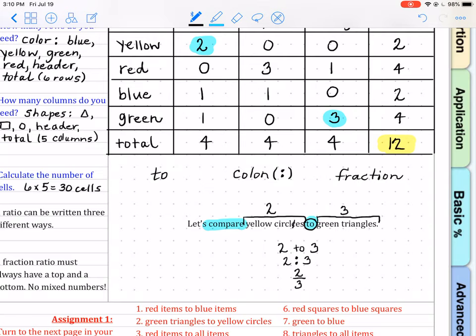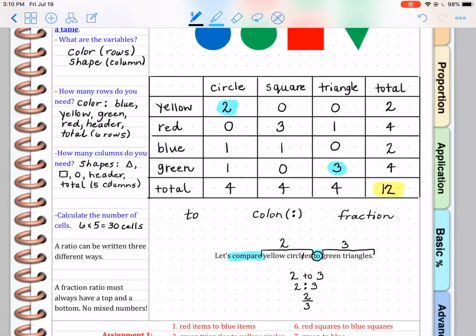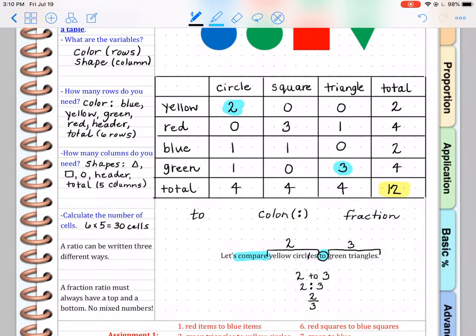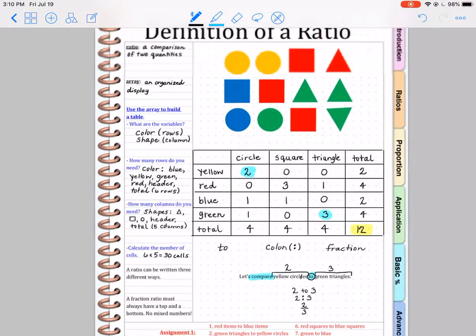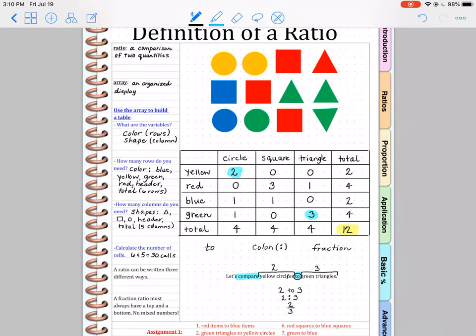All of them are saying yellow circles to green triangles. You only need the data from the table that you're interested in or from the array at the top. If you prefer to just count them, that's fine. But you have compared the yellow circles to the green triangles. The ratio is 2 to 3.